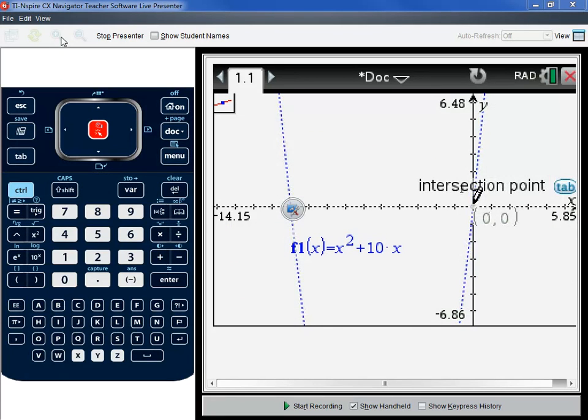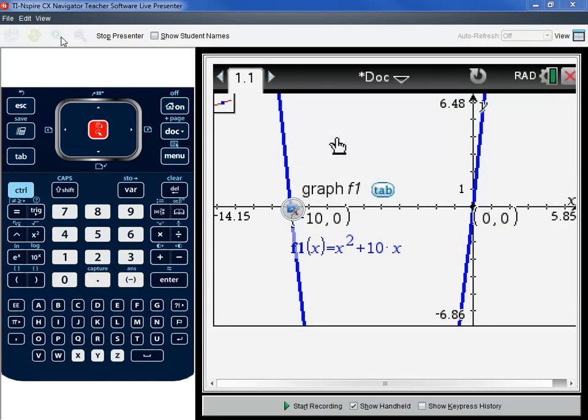I have an intersection point there. And I have an intersection point there. So there's my two solutions, 0 and negative 10.